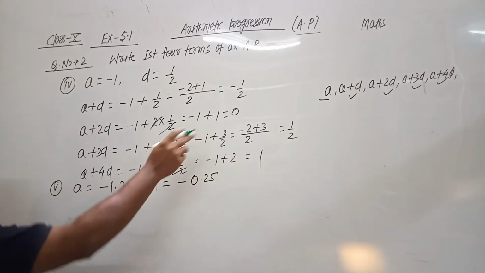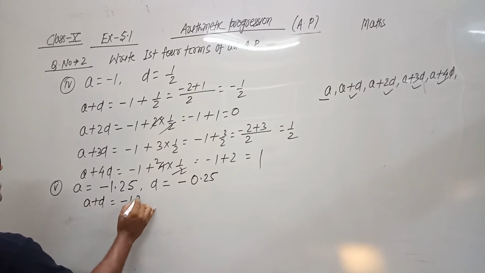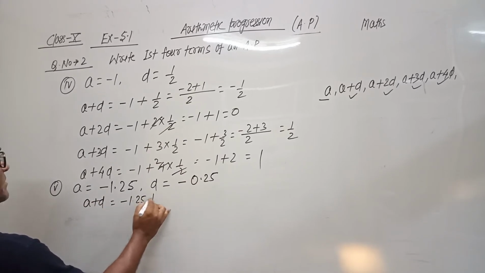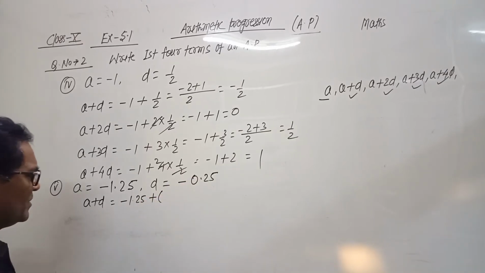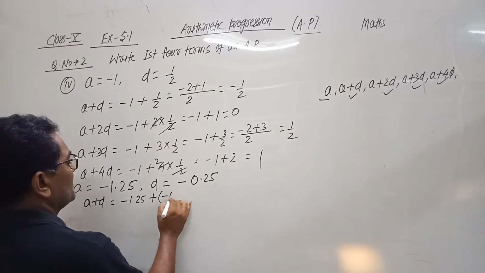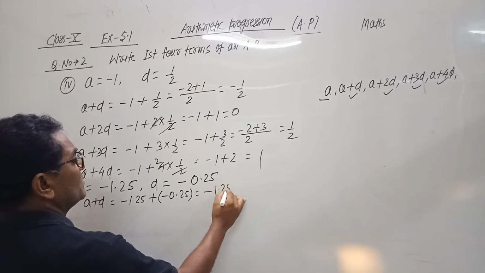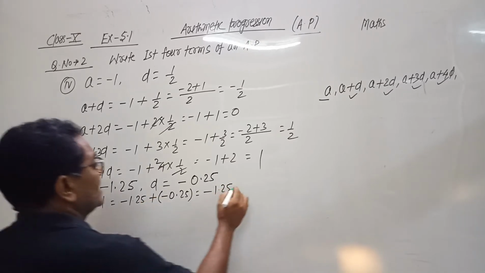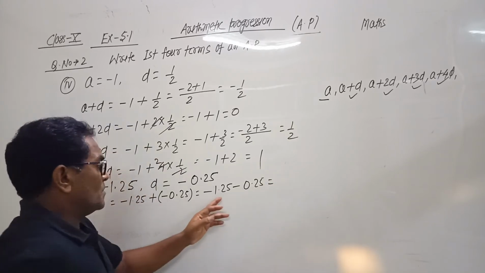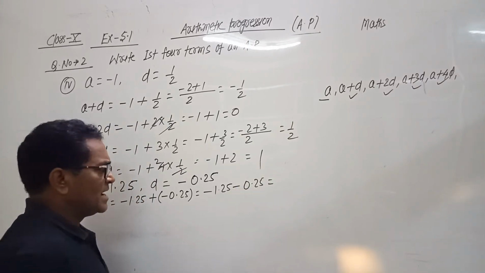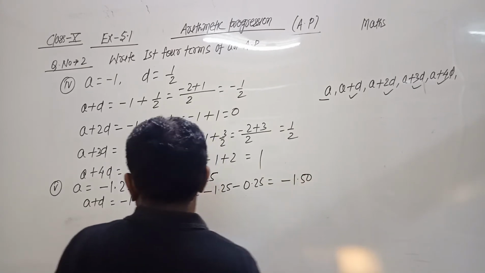So the first term is A plus D. Since D is negative, we write it in brackets: minus 1.25 plus minus 0.25. So minus 1.25 and minus 0.25, we get minus 1.50.